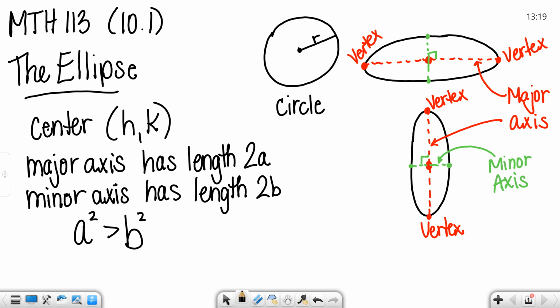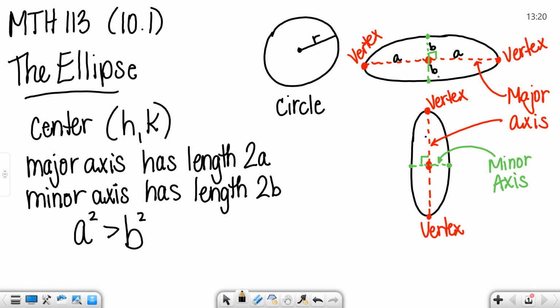So let's go over here to our diagram and look at what that really looks like. If the length of this red line is 2A, then the length from the vertex to the center is A, and from the center to the other vertex is A. The length from the center to this green end point would be B, and the length from the center to the other end point would be B. So the length now, hopefully you can see, of the major axis is 2A, the minor axis is 2B.